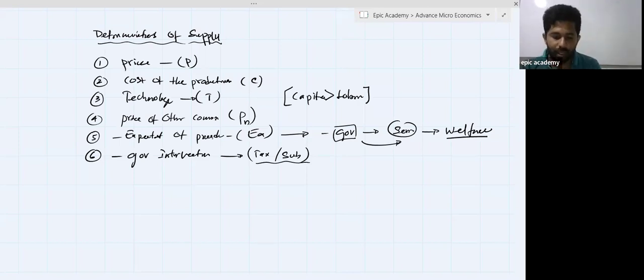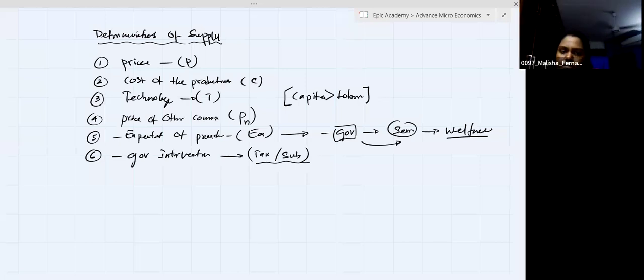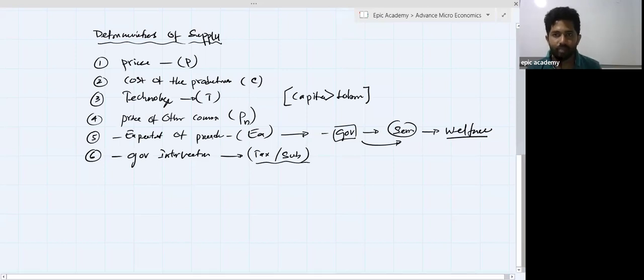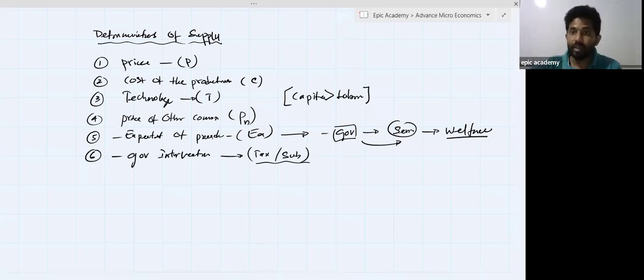As an example, in Sri Lanka, if you are producing paddy, you will get a subsidy from the government. Fertilizer subsidy is one of the major examples you can identify. Okay. If you are producing something non-essential, it is not a requirement, you cannot get the subsidy from the government.